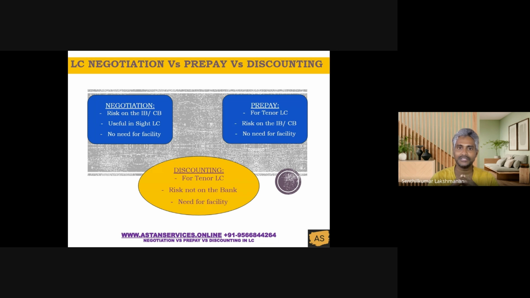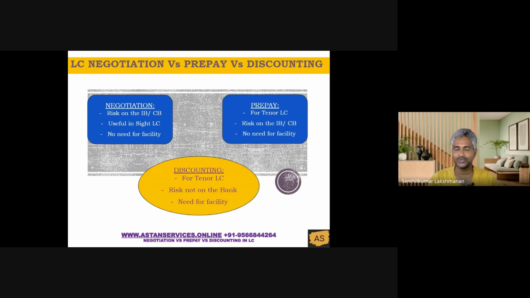So bill discounting is in fact a traditional banking product which is given to clients. This is not defined in UCP or ISBP. This is a general traditional banking concept where a beneficiary or any client requests the bank and the bank extends that as a credit facility.